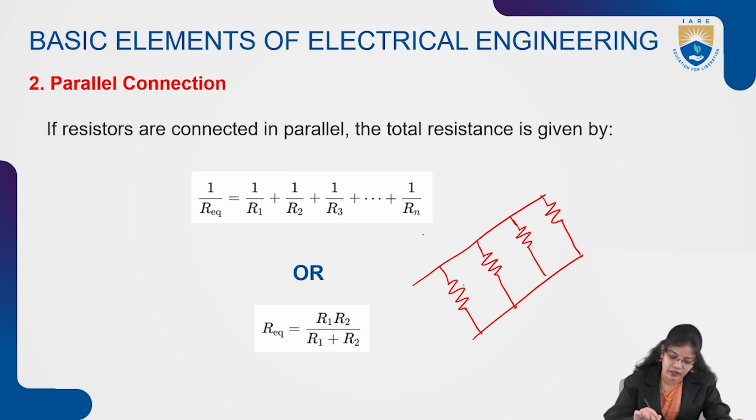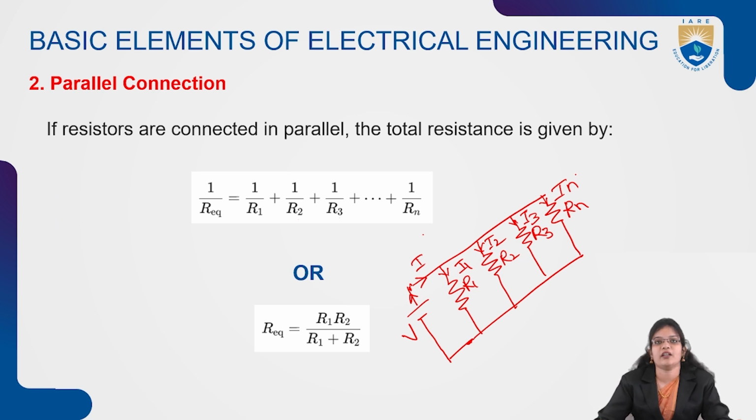In this way the parallel connection is denoted R1, R2, R3 till Rn. Here is the voltage. The current flows in this direction and divides here, taken as I1, I2, I3 and In. If the current divides in the circuit, then the connection is said to be in parallel, and the voltage across the parallel connection will be constant.